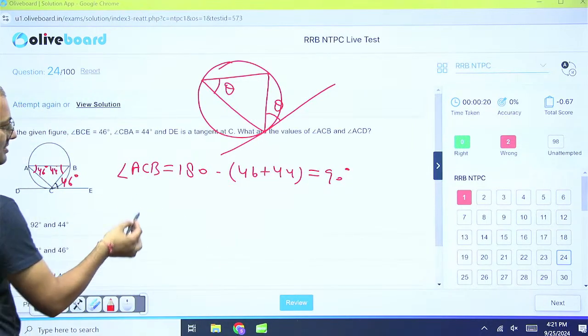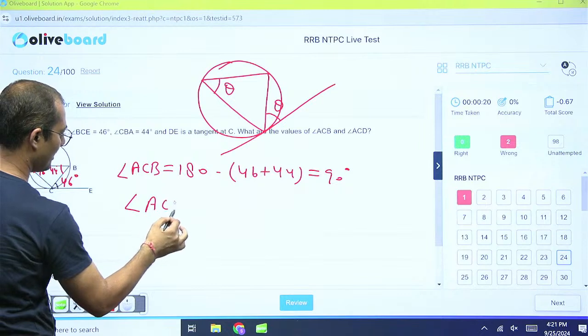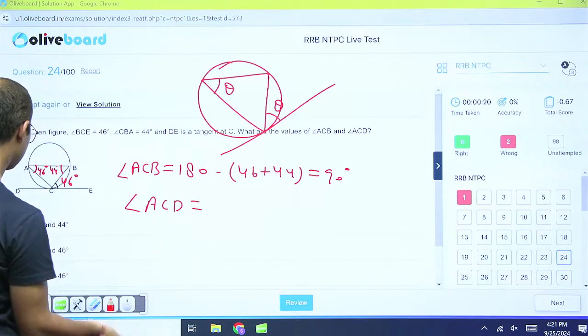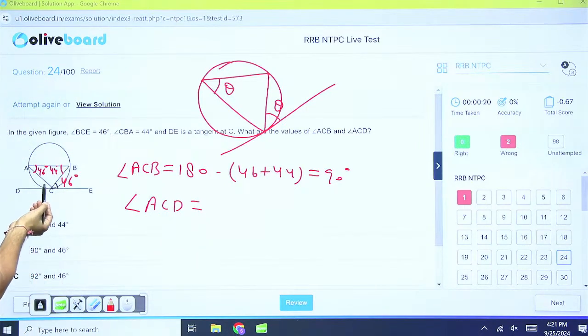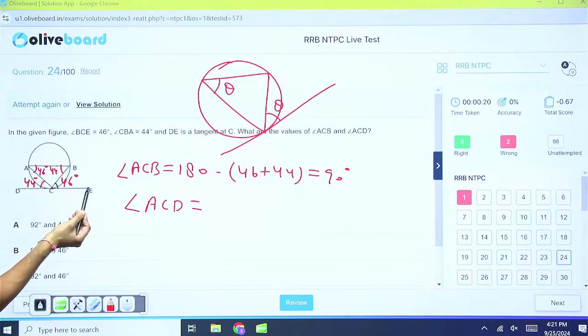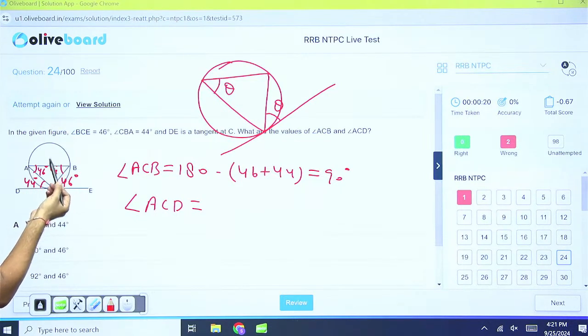So here we can say that the angle ACD would be equal to 44 degrees, right? Again, the angle made by the tangent and chord will be equal to the angle subtended by the same chord in the alternate segment.